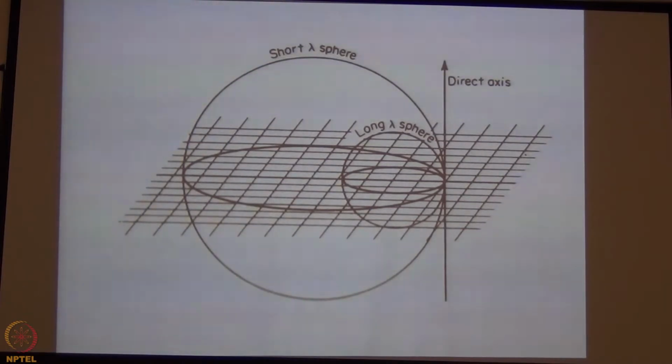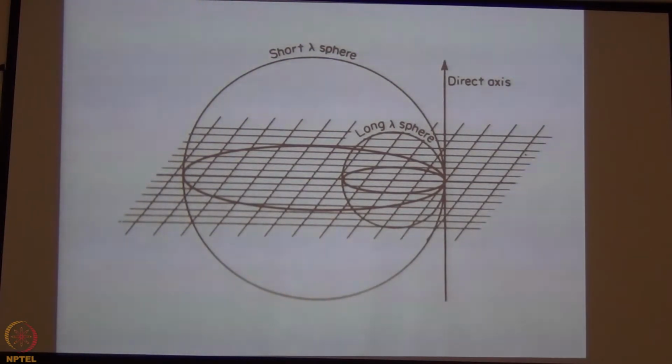Because 1 by d is large, and that large 1 by d value can be accessed by the larger sphere that we have considered here, that is the short lambda sphere. Short lambda means smaller wavelength sphere. The smaller wavelength sphere is larger, so you can access more reflections, with d values which are smaller and smaller.